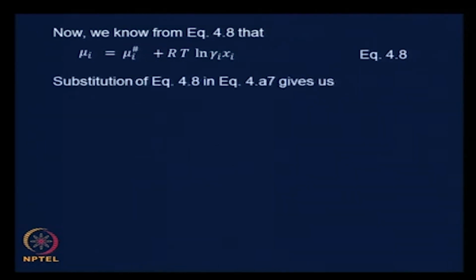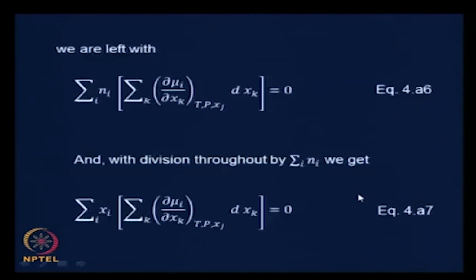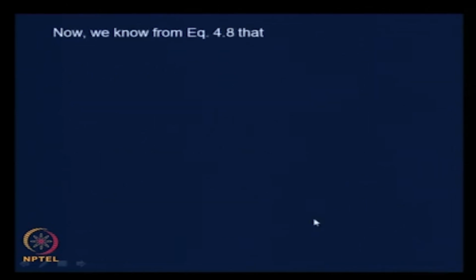If we substitute equation 4.8 in the previous equation 4a7, which we had brought down to a simple form, we are going to substitute mu i with the expression in terms of mu i hash and gamma i xi. Let us do that.